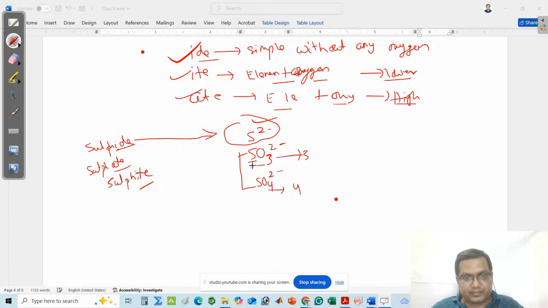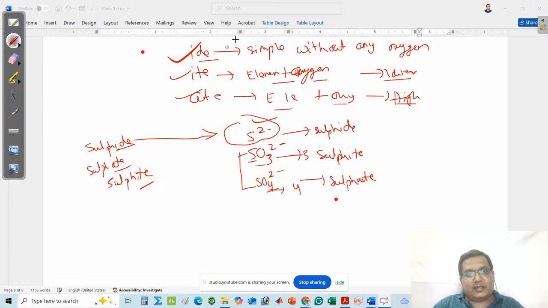That means here 3 oxygen are present, here 4 oxygen. It is lower, then this is your higher. So here I can see that this is the name of sulfide. This is the name of sulfite. It is for lower. Next, I can write here, this is for sulfate.